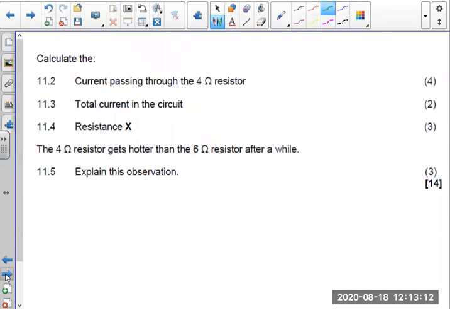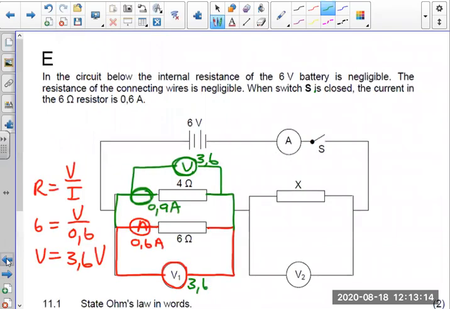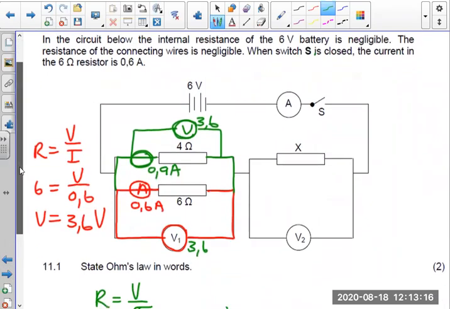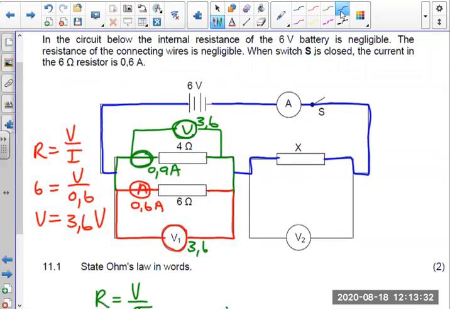Okay. The next one is 11.3, the total current in the circuit. Okay. Now when we look at this, the total current in the circuit, let's just underline or show where is the total current. Everywhere where you see the blue part, that will be the total current going through that. Now remember, no current is going through a voltmeter because a voltmeter has a high resistance. So if I want to work out the total current, it means it's the green one plus the red one.